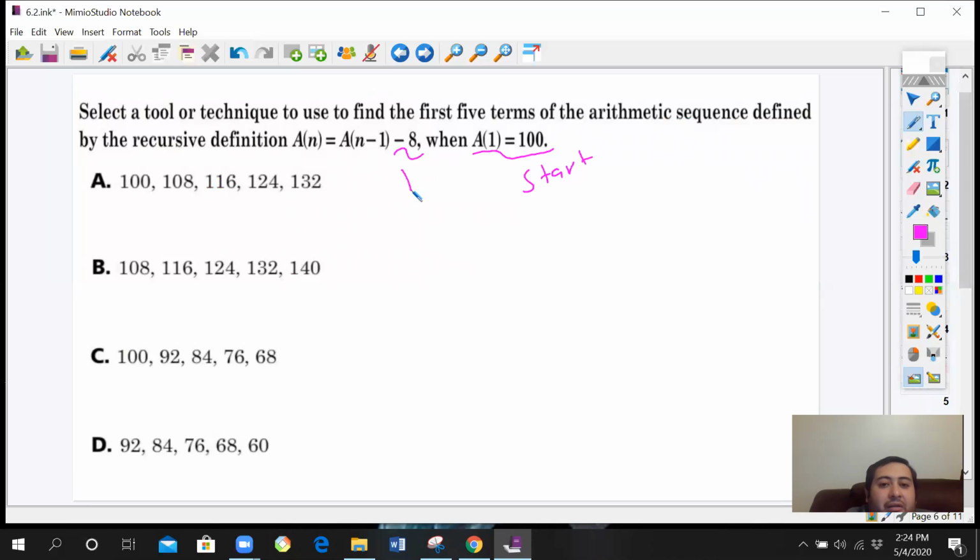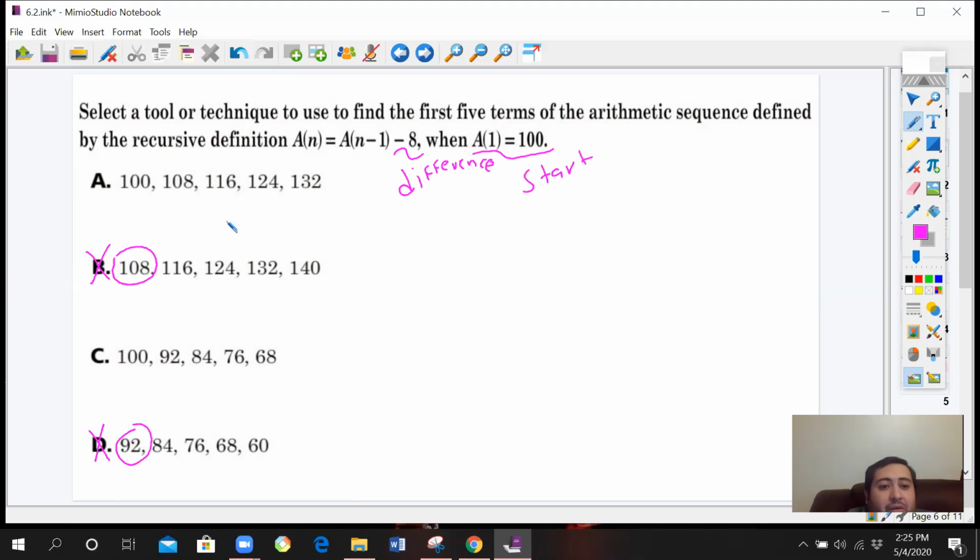This is your difference. So therefore, since we started with 100, we did not start with 108. We did not start with 92.